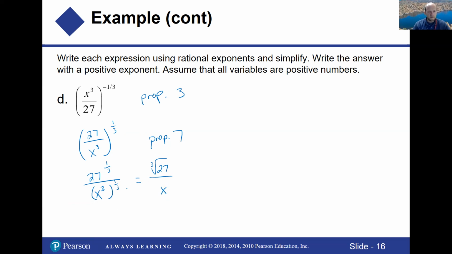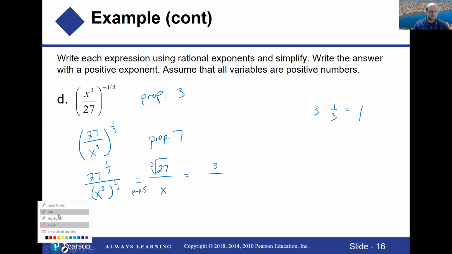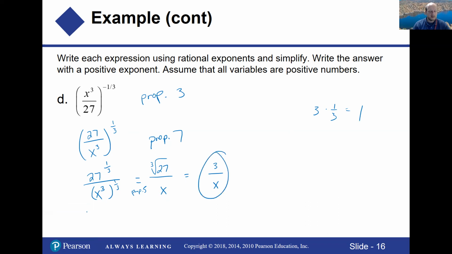Because 3 times 1/3 is just 1, so it's x to the 1st. Remember, you're going to distribute those in there, which is property 5. So if you need it, this is property 5 to get here, and then cube root of 27 is 3. So this one is not 3 over 3, but 3 over x. All right. That's another example.